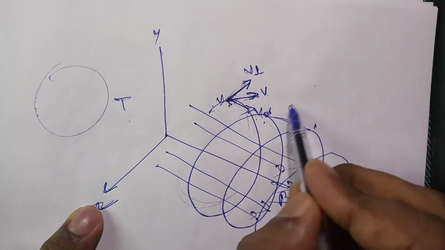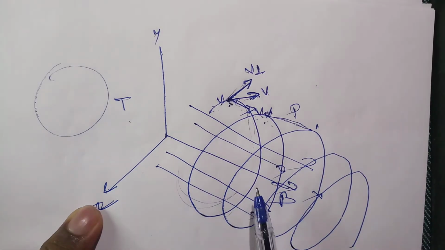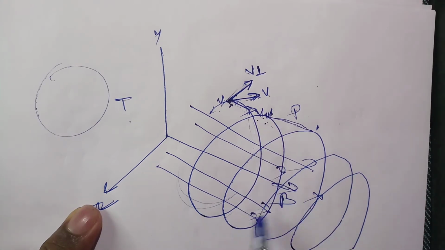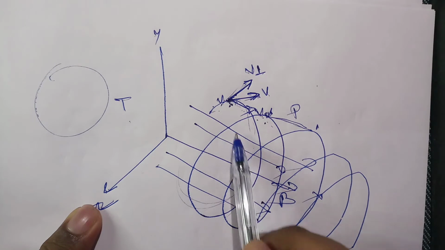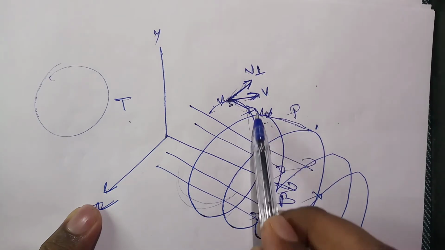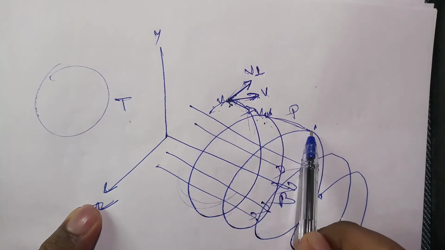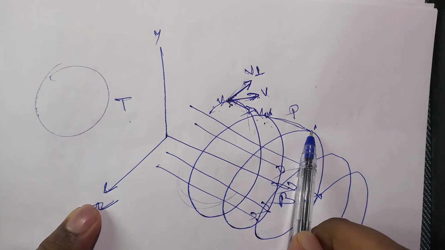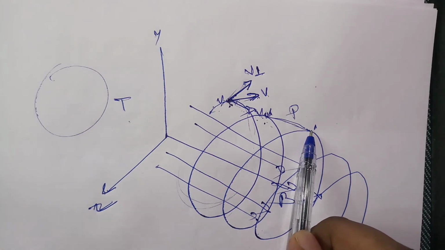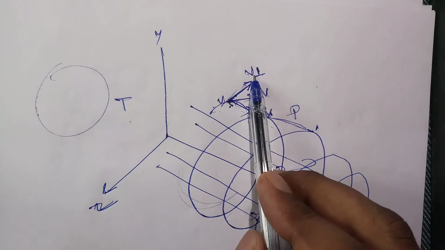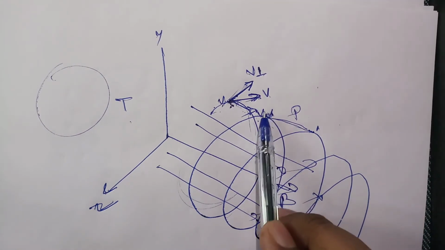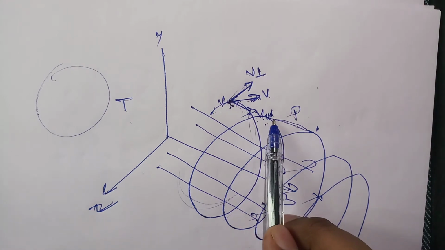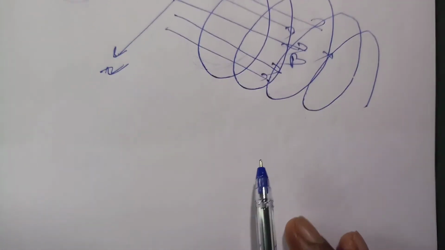This is called one pitch. You know the pitch of the screw gauge: when one rotation is completed, how much it advances forward is called the pitch. Here also we have the same pitch. In one rotation, it will move this much toward this side. So the circular motion is due to the perpendicular velocity and the parallel motion is due to the parallel component of velocity. Now how much this pitch will be, that we will discuss.